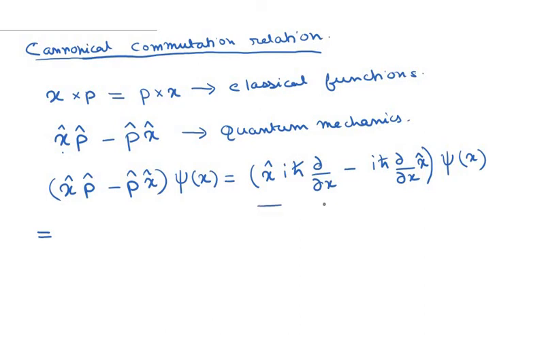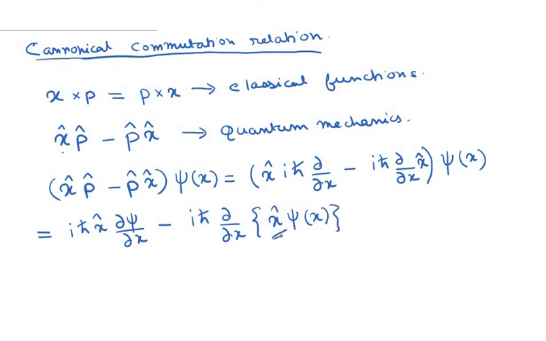So the first term gives me the result I h bar x operator del psi del x, minus I h bar del x. So first the x operator would act on this wave function psi x, and what does this x operator do? This x operator basically gives us the position of this wave function or this particle psi x.